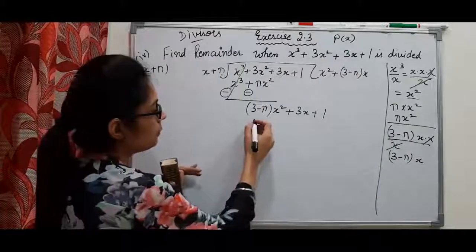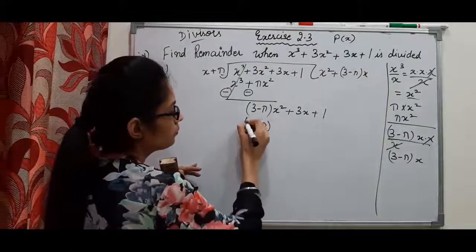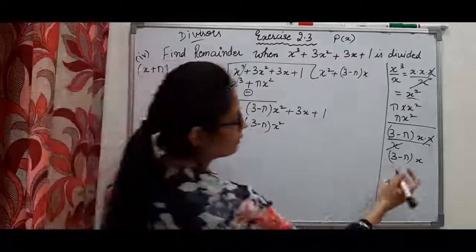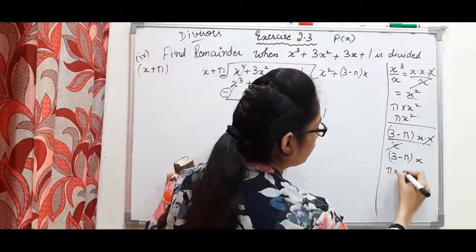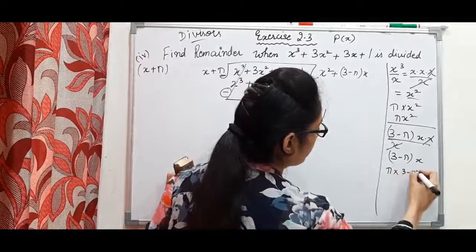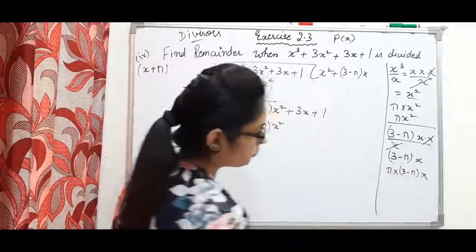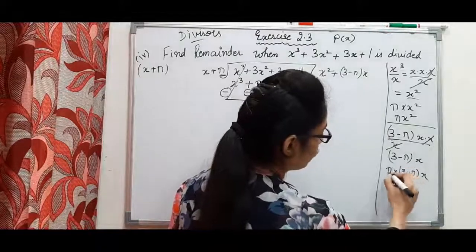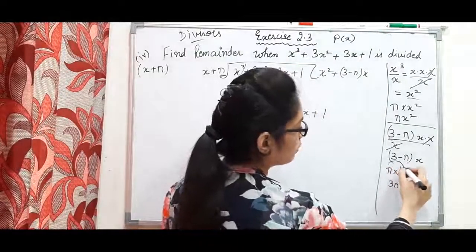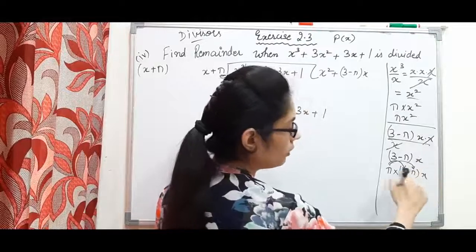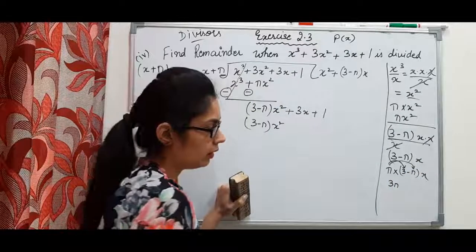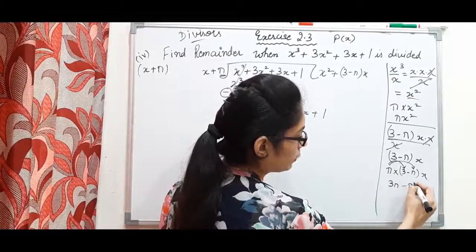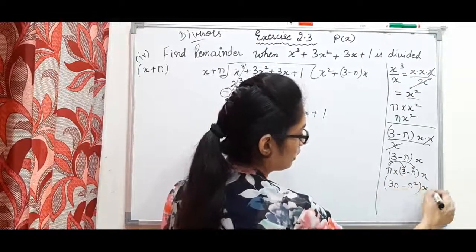Now this first term it will remain same. Second term I have to multiply this with this. So pi into 3 minus pi x. So if you multiply you will get 3 pi. Whatever is outside the bracket, you just have to multiply that with both the numbers in the bracket. So I will get 3 pi minus pi square x, I will write outside the bracket.